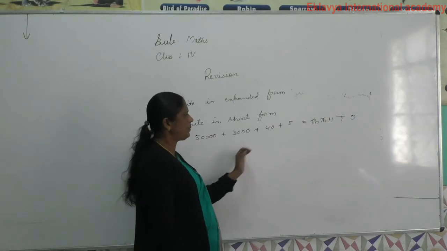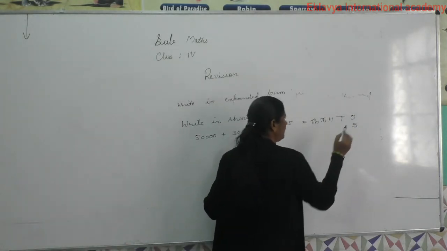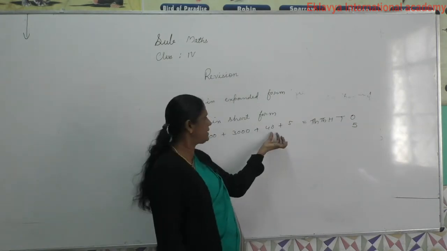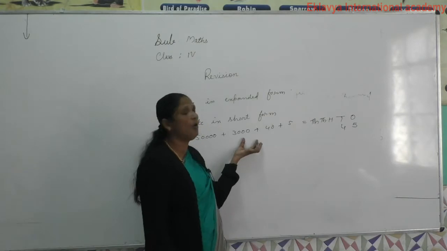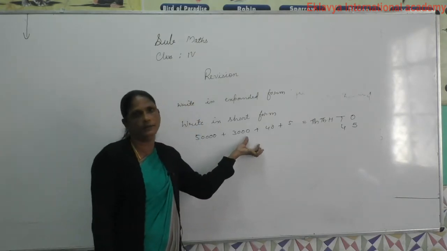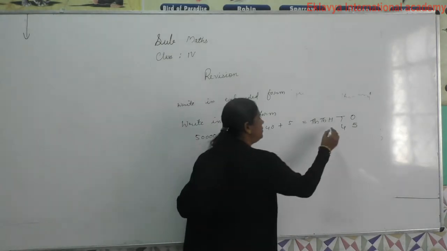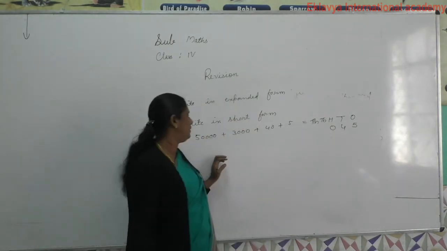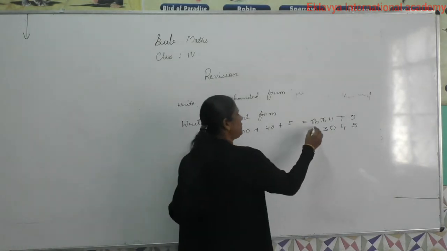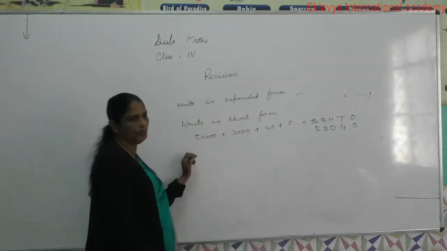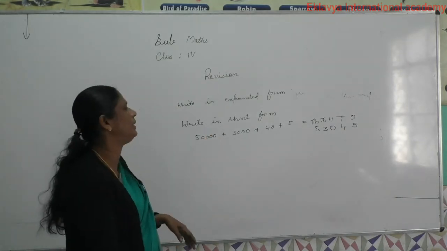Ones place, 5 is written here. Then tens place, 4 is written here. Is there any 100 place here? No, you put 0. Then 1,000 place 3, 10,000 place 5. Understand? This is how to find the short form, standard form of the number.